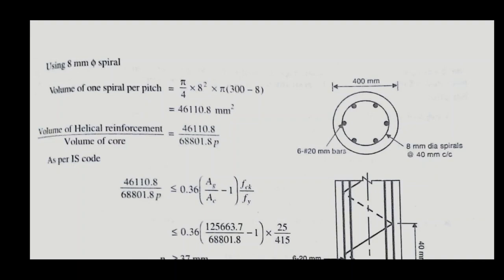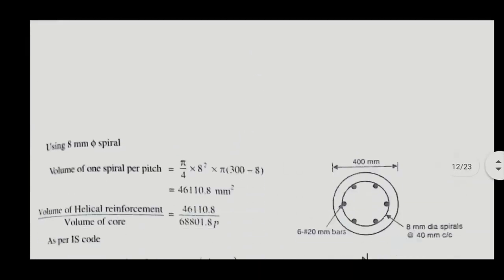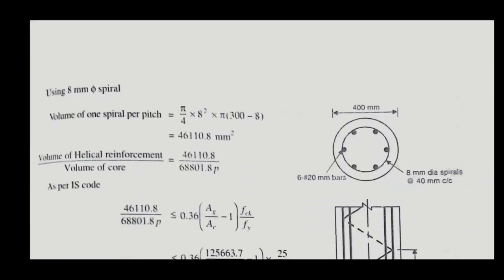Now we have to put this in this consideration formula, the volume of helical reinforcement by volume of core. So volume of helical reinforcement is 46,110.8 by volume of core, which we found earlier. This is the volume of core, 68,801.8 p.